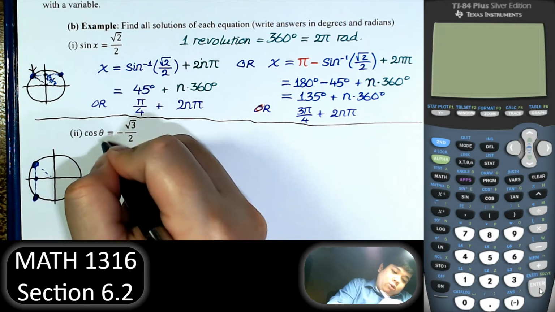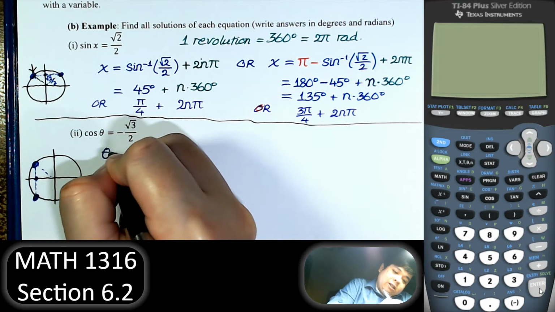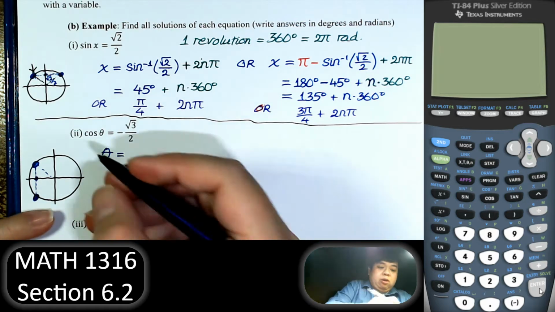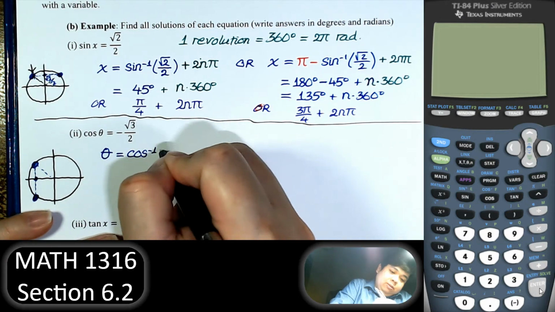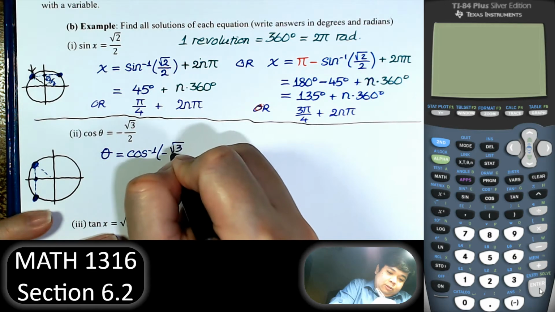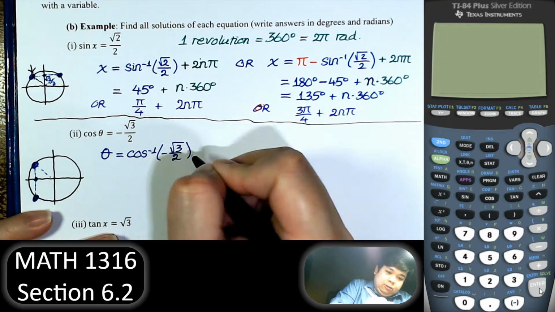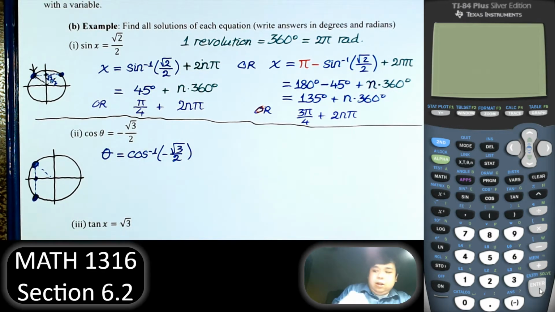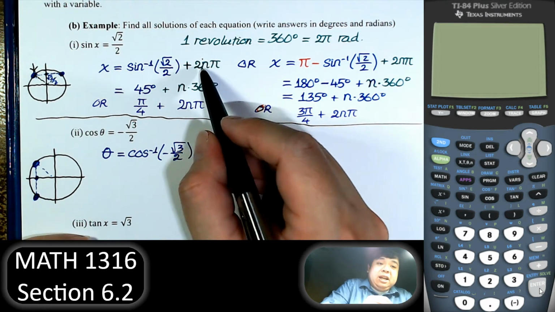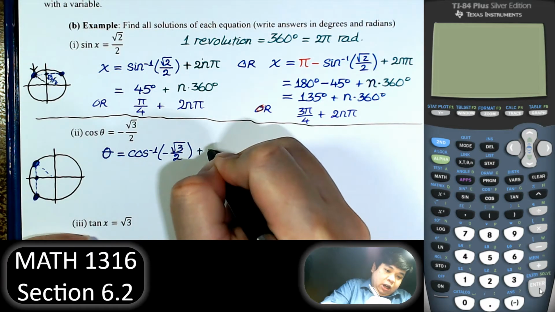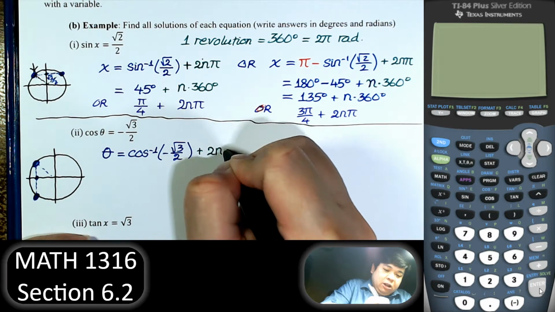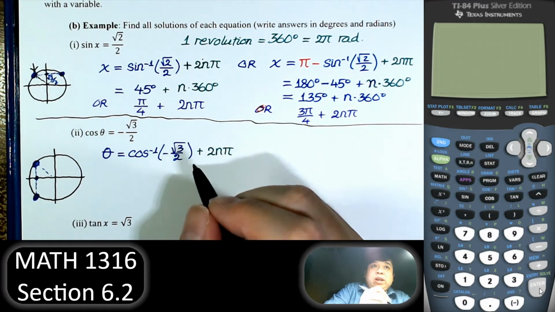So if we want to solve for theta, first thing we do is cosine inverse. And then either we add 2n pi or n times 360 degrees, either way. Usually I will write 2n pi because by default it should be in radian.